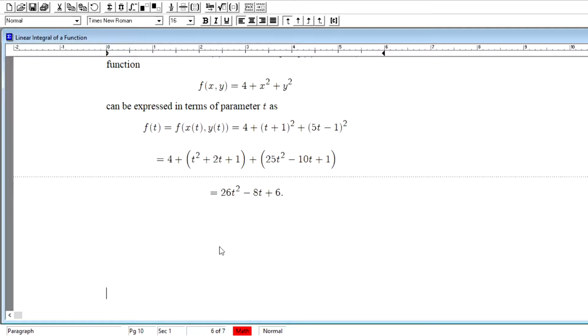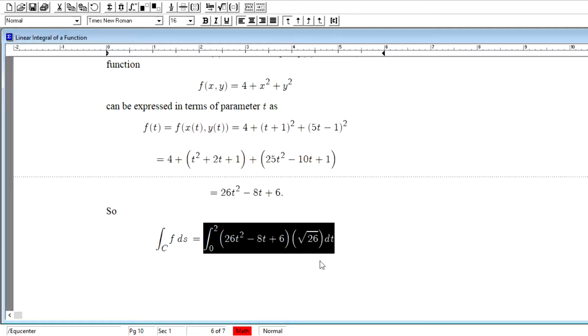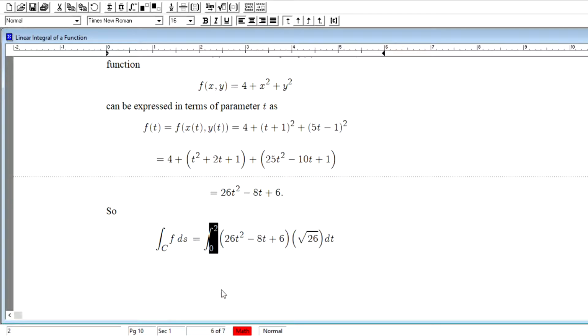So in our integral calculation, this linear integral of f over C with respect to arc length is going to be given by this integration here over the bounds of t from 0 to 2. Here is our integrand, and what we can see is it is just f of t times the magnitude of r bar prime of t in this specific case.